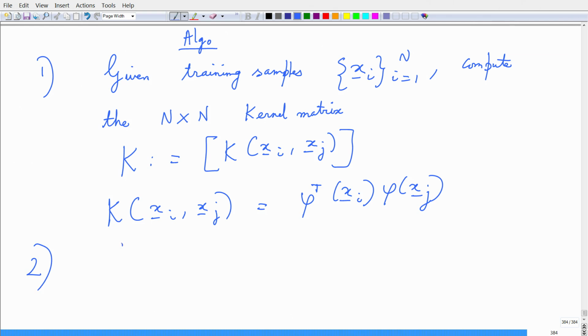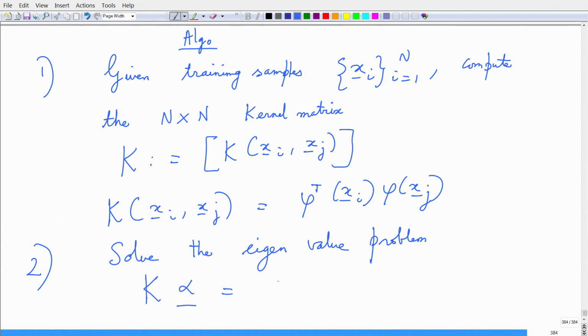The next step is to solve the eigenvalue problem, which is K times alpha equals lambda times alpha, where lambda is the eigenvalue of the kernel matrix and alpha is the corresponding eigenvector.